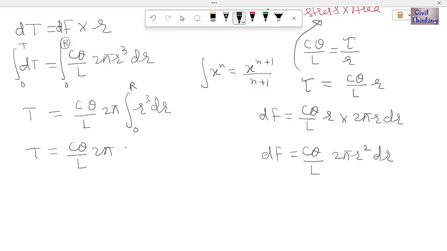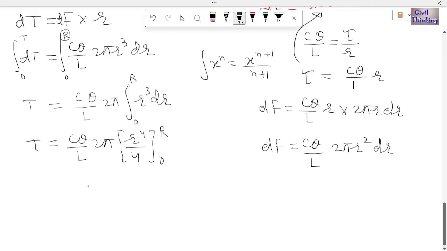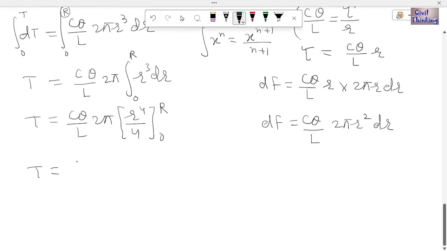So it is r to the power 4 divided by 4. The lower limit is 0 and the upper limit is capital R. So it is going to be C theta by L, 2 pi. Now here we put the upper limit. It is going to be capital R to the power 4 divided by 4 minus the lower limit, which is 0, so it is R to the power 4 divided by 4.